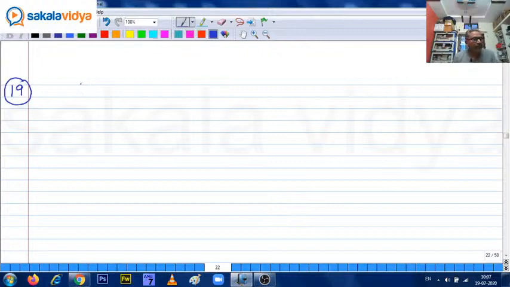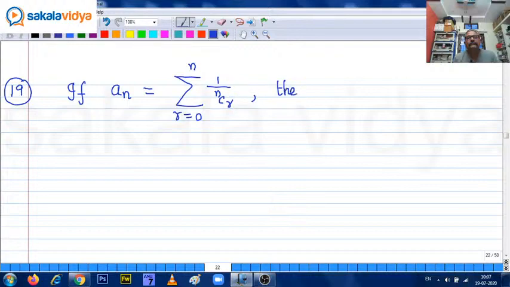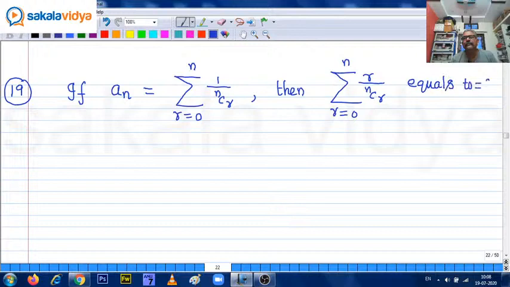Nineteenth. If an equals sigma r is equal to 0 to n of 1 upon nCr, then sigma r is equal to 0 to n of r upon nCr equals to what?